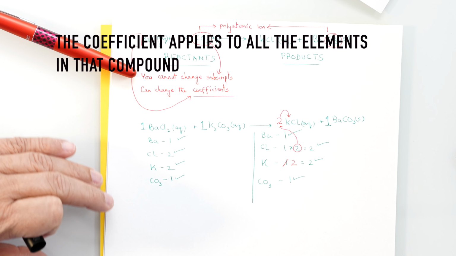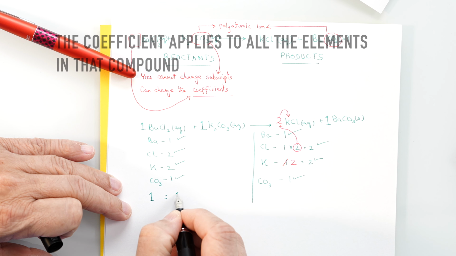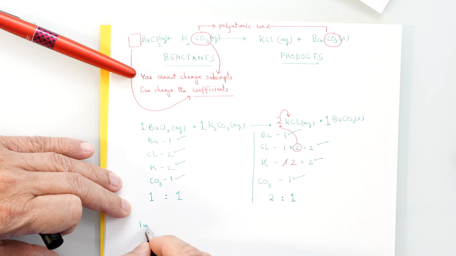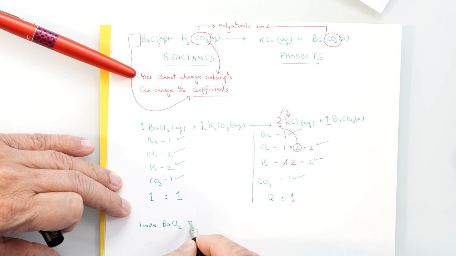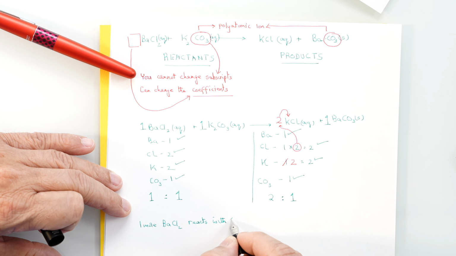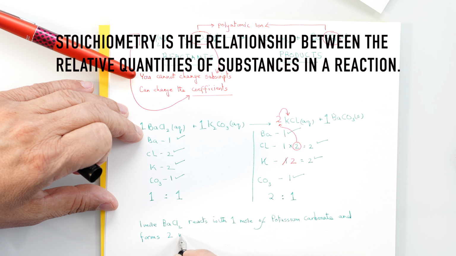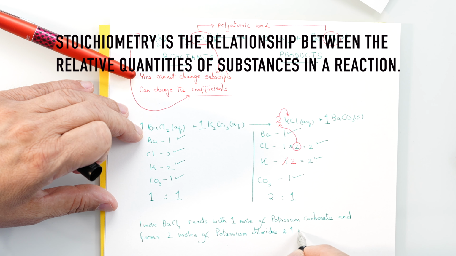So really the ratio of this reaction is 1, 1. And here it would be 2 to 1.